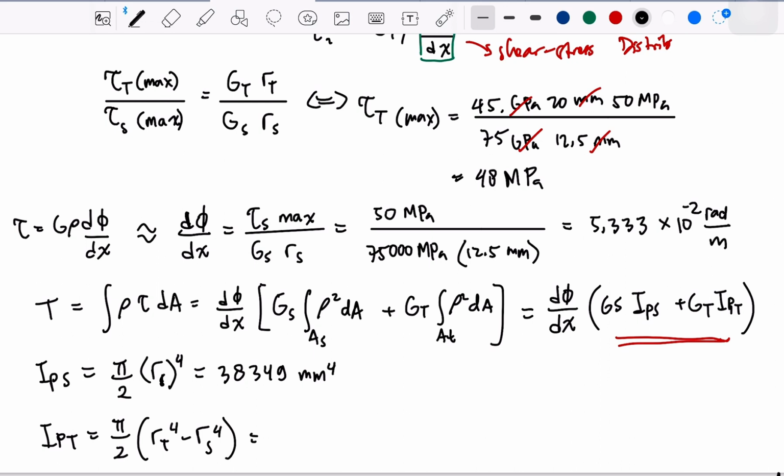Okay, so we get 20, and multiply. So we get 21297.8 millimeter to the power of 4.